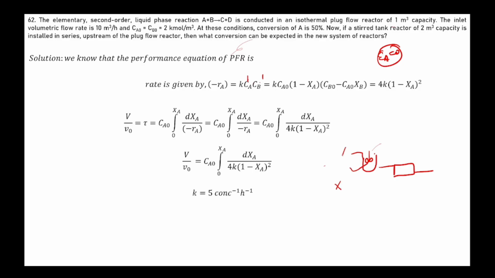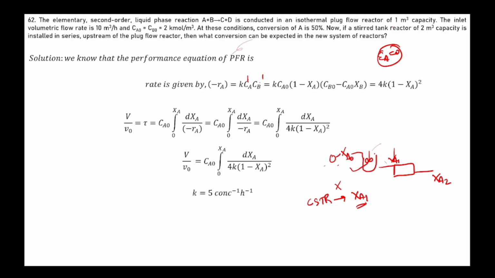So now we have k. Applying the performance equation and calculating, if this is XA naught, this is XA1, this is XA2. By applying the performance equation of CSTR, we will find out XA1, because XA naught is 0.